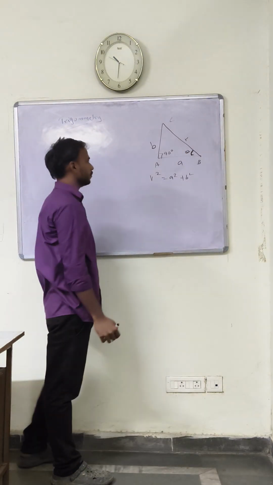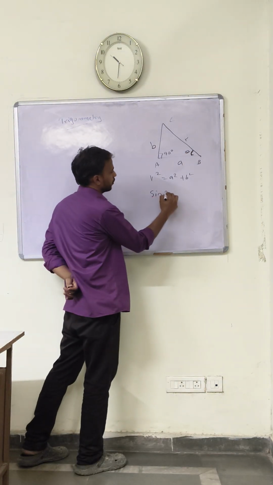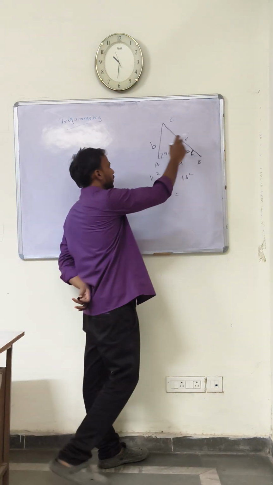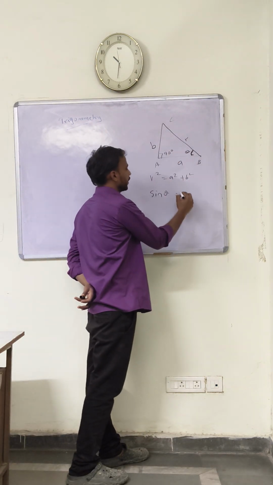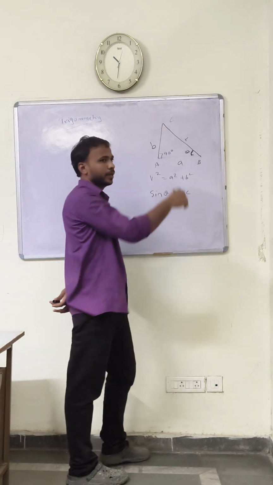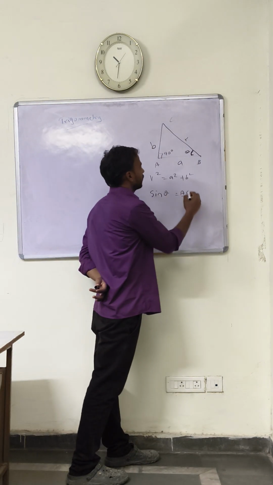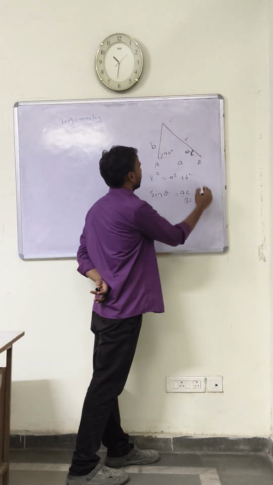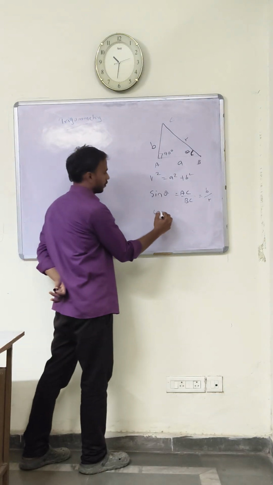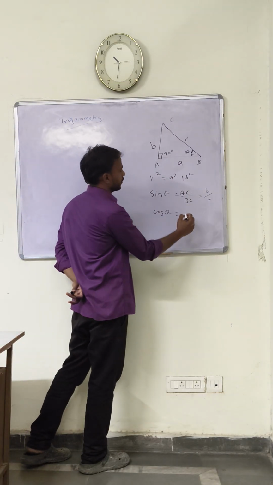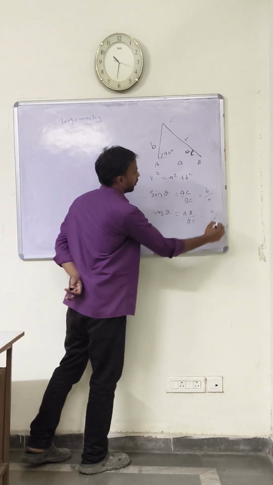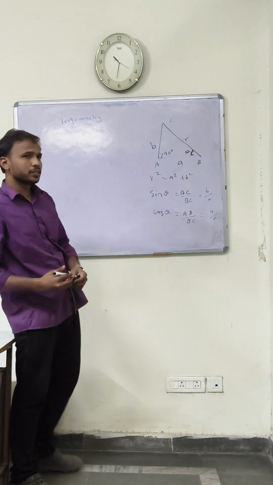Then sin theta equals opposite side by hypotenuse. The opposite side is AC and the hypotenuse is BC, so sin theta is B by R. Similarly, cos theta equals adjacent side AB by BC, which is A by R. This is basic.